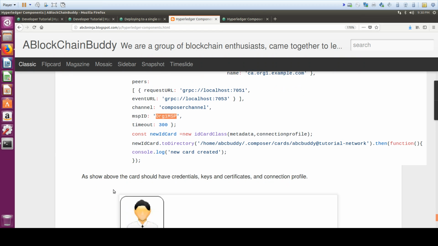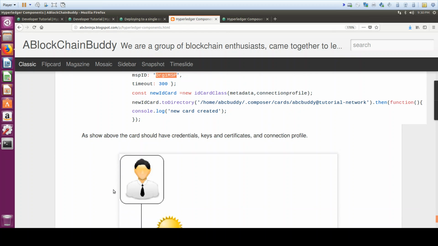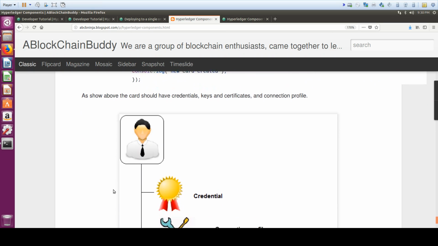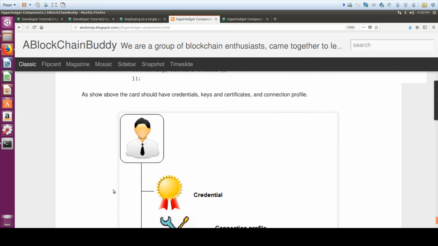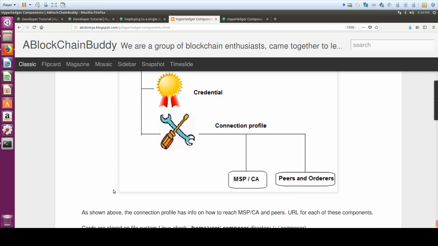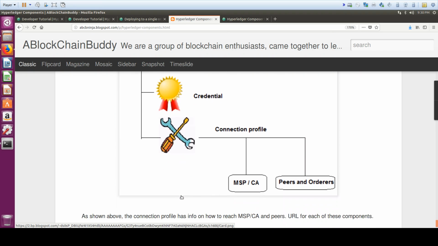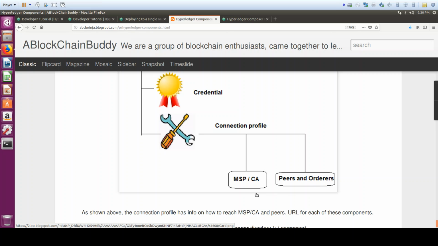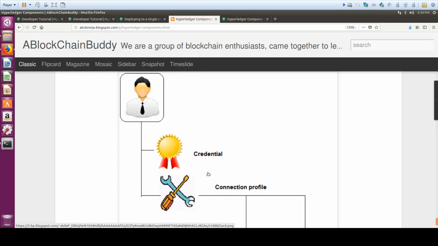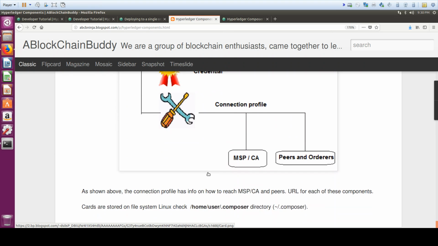All that information needs to be loaded. So a business network card will have the credentials as well as the connection profile, MSP, peers, orderers, all that information. Business network cards are stored inside the home directory. In Linux, this is the directory where all the business network cards are stored.